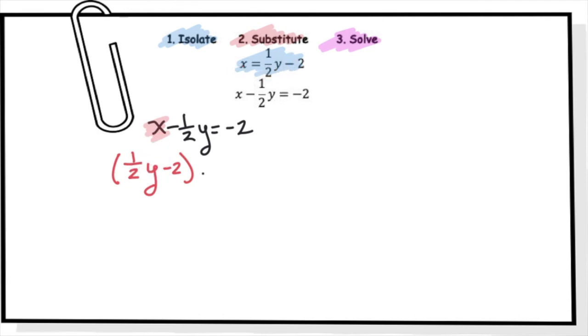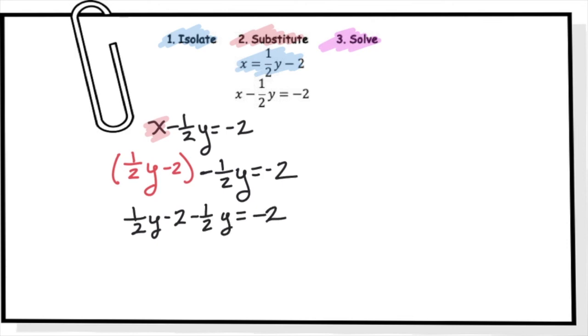And then I'm going to continue my equation: minus 1/2 of y equals negative 2. So here I'm going to start with the parentheses. There's nothing that I have to do to get rid of the parentheses. So that's 1/2 of y minus 2 minus 1/2 of y equals negative 2.